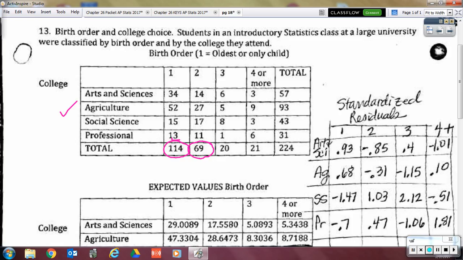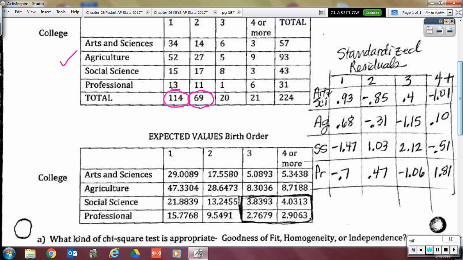But I wanted to also reference these expected values. What is the problem with these expected counts right here? They're what? Not that they're decimal, because the expected's on average. They're less than 5. That's the problem. Okay, so what am I going to do?